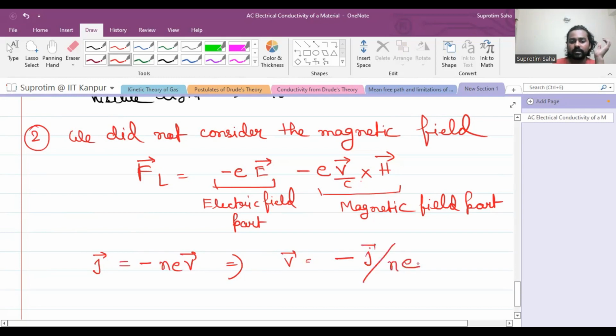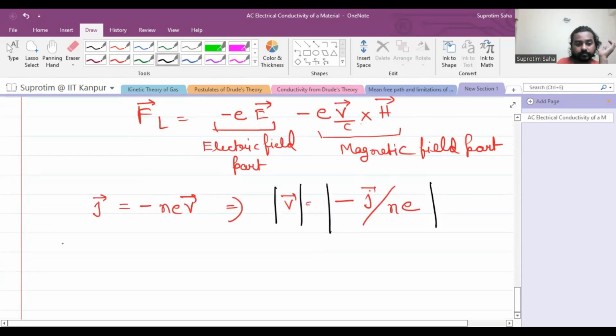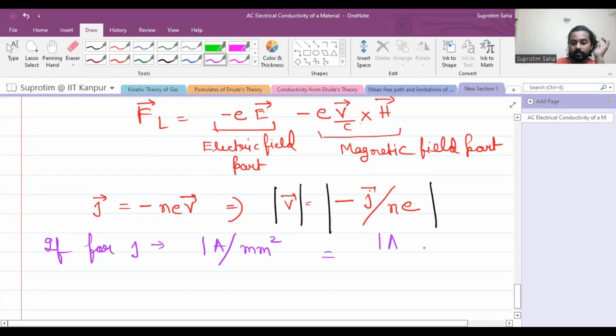Now if you take the magnitude only, from last day, for J equals 1 ampere per millimeter squared, which is 1 ampere per 10 raised to minus 3 meter squared, which is 10 raised to 6 ampere per meter squared.